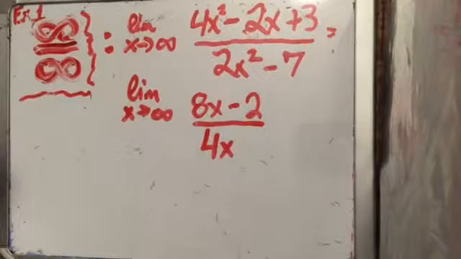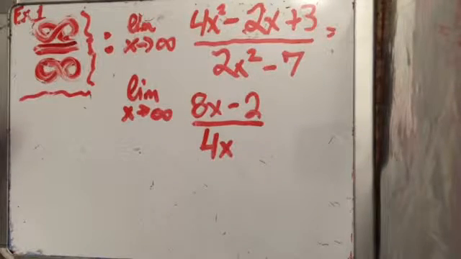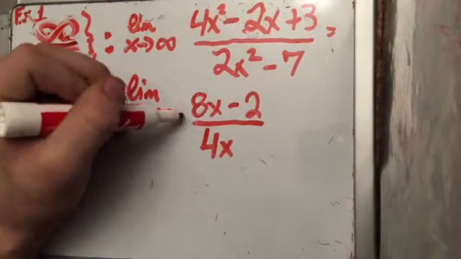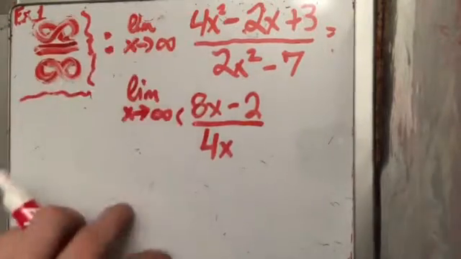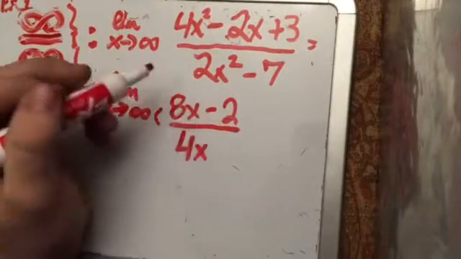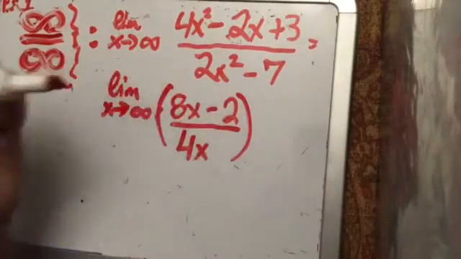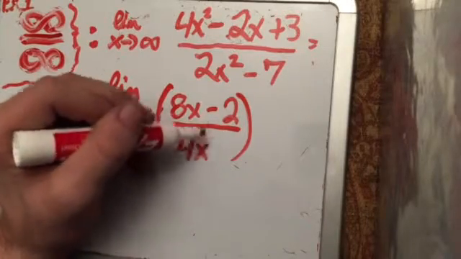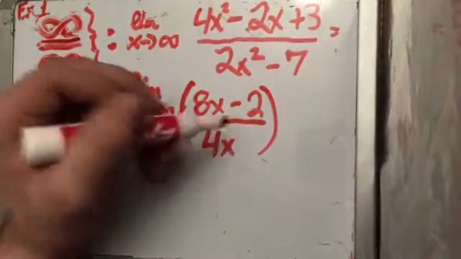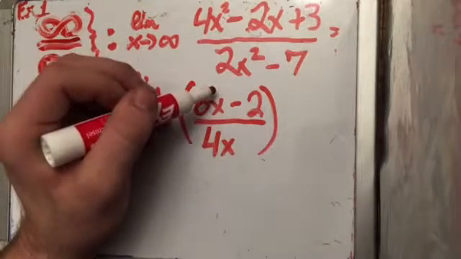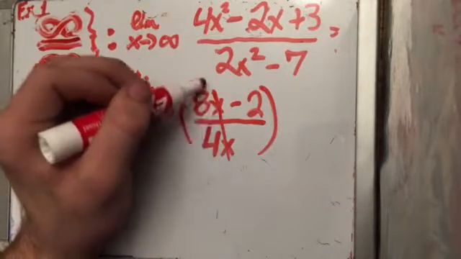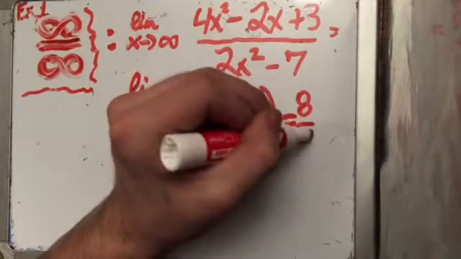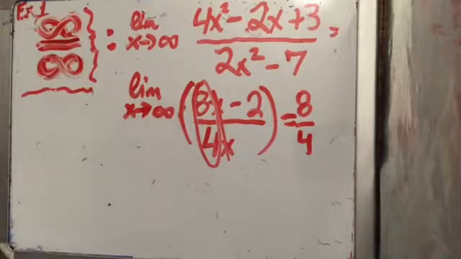So the limit as x goes to infinity of these two functions as a whole, actually, we're going to see that the ratio of the exponents, so this is just x to the 1 basically, is the same. So we're only looking at the leading coefficients of 8 over 4. So the limit as x goes to infinity equals 8 over 4.